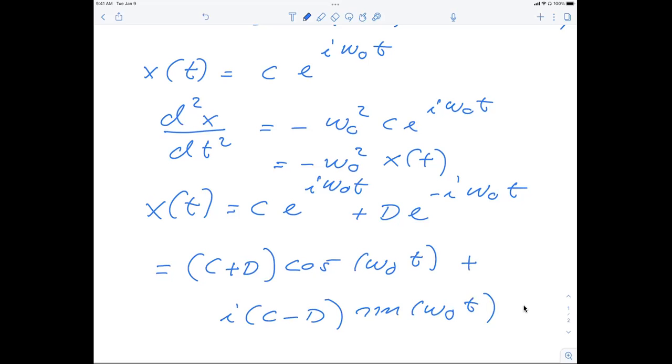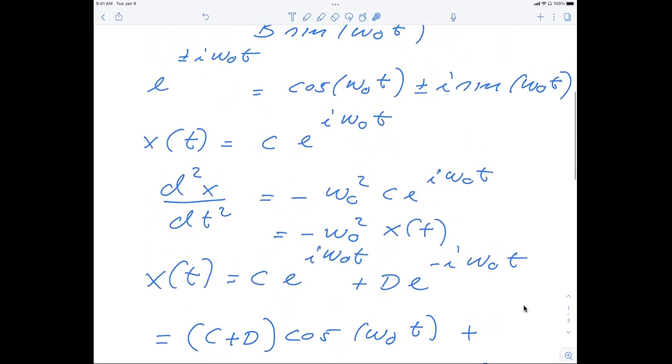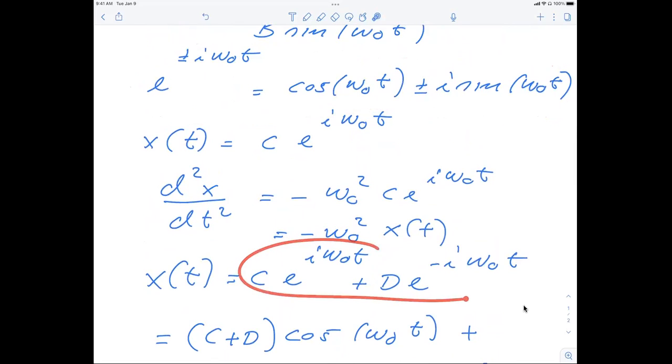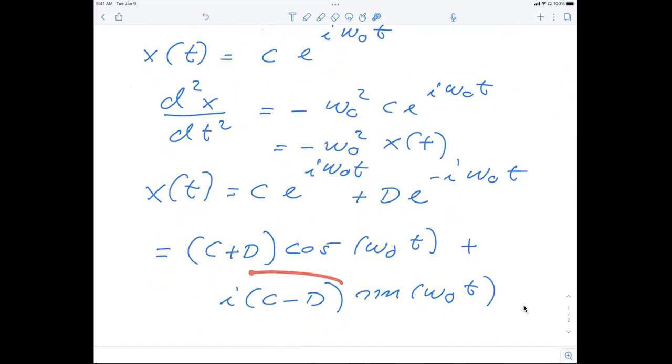So the only thing I did was simply to go back to the definition of an exponential in terms of cosines and sines, and plug them in here. And then I kept the real part, or the cosine part, by itself. And then I have constants c and d here, which combine with an imaginary term to give the sine solution.